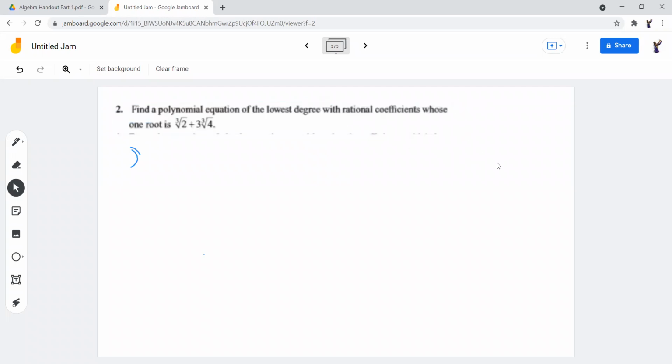Please try this. Please solve this, guys. This is the second question.